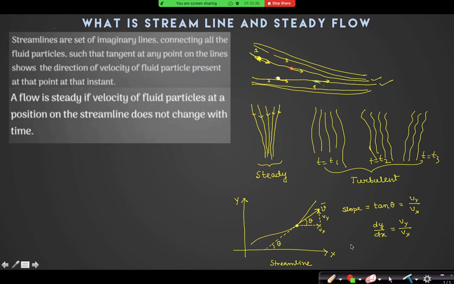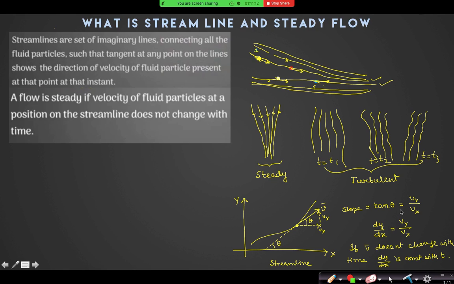If Vx and Vy are in terms of V, if I say that V does not change with time, the velocity is constant with time, then dy by dx does not change with time, it is constant with time. Yes, sir.